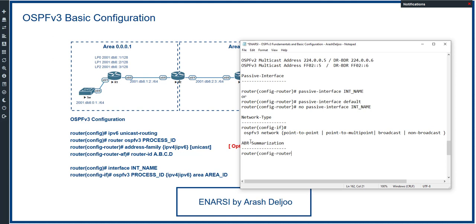Router config router, area ID range. The area is the area whose subnets we are summarizing, and then for range we should use the summary IPv6 prefix and prefix length. Let me show you. It is so easy.